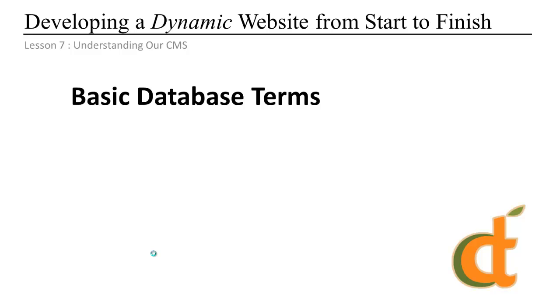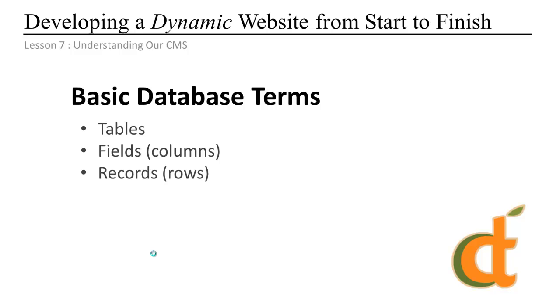But this would just be either a refresher or at least give those who haven't seen that series or don't know much about databases in general the real core concepts here. So we have tables, fields, which are also called columns. I'll generally refer to them as fields in most circumstances. Records, commonly referred to as rows.